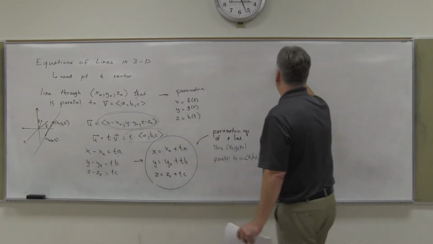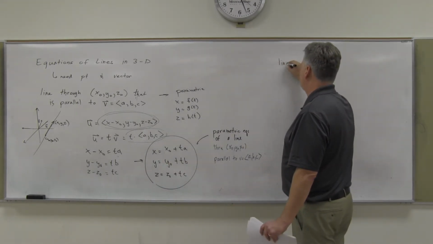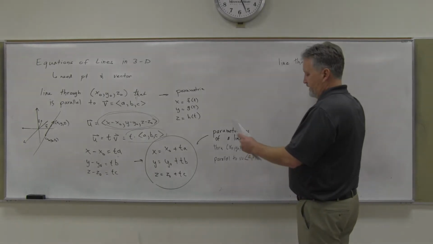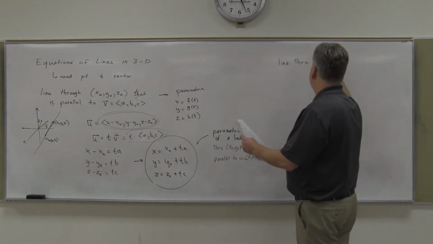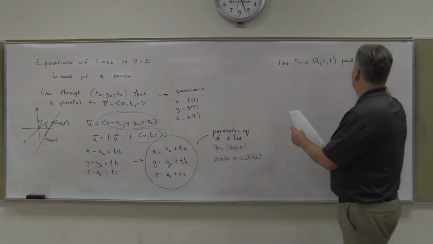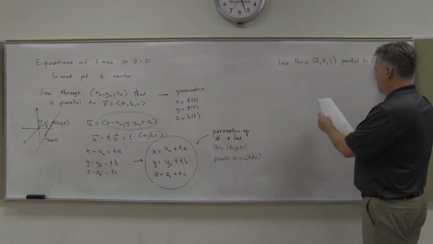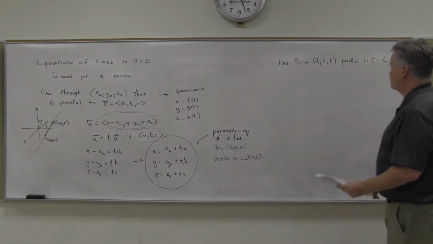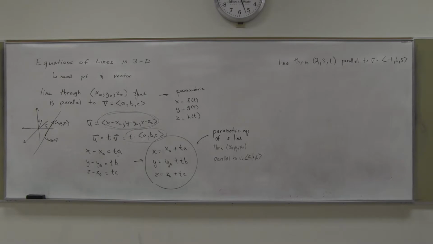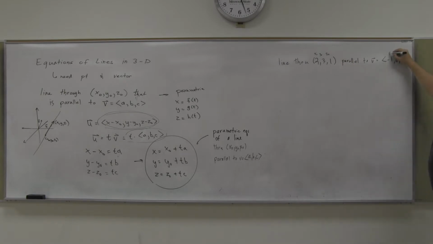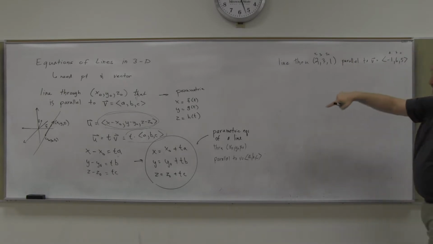So if I've got those two things, so I want the line through 2, 3, 1, parallel to the vector with components -1, 6, 5. So that's our x0, y0, z0. That's our A, B, C in that formula.